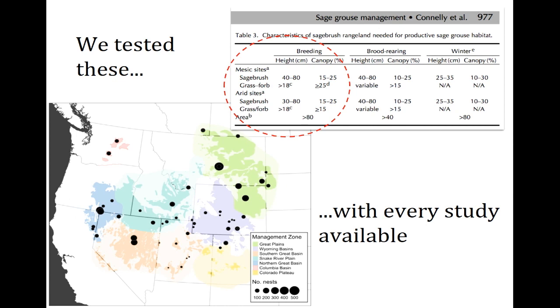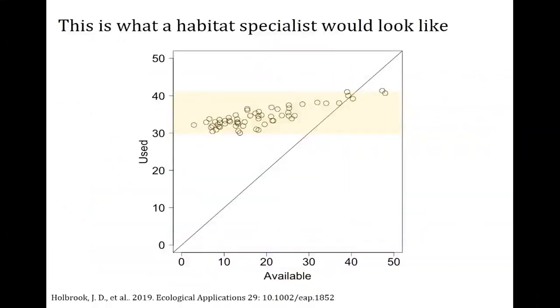So we've got pretty good coverage. A lot of people have studied sage-grouse nesting ecology, it turns out, all over the range. We had over 40 studies, a ton of data that covered a pretty good spatial coverage of the range of sage-grouse. So the first thing we wanted to look at was habitat use, habitat selection.